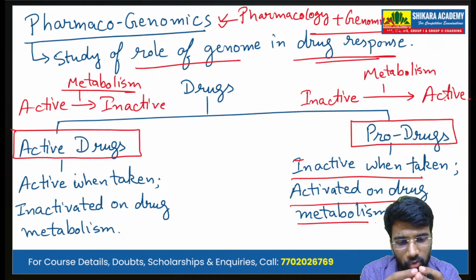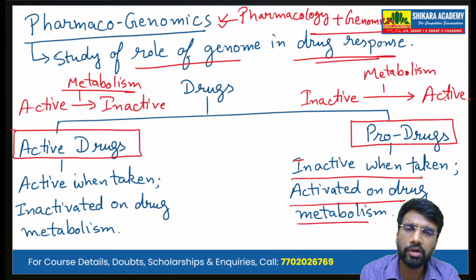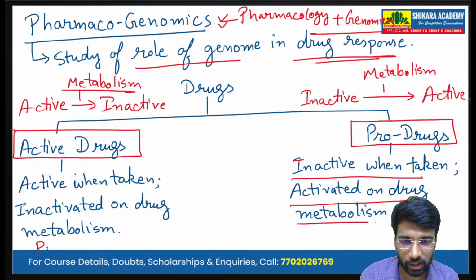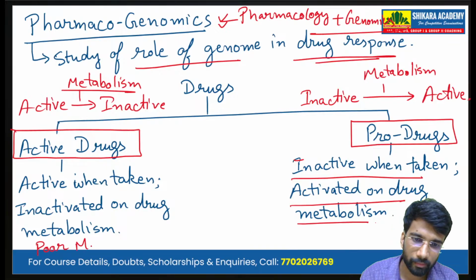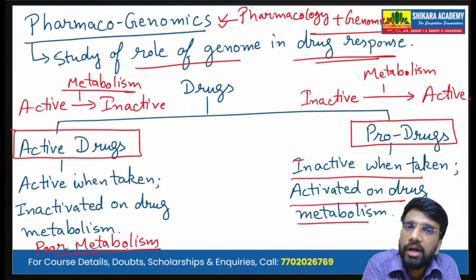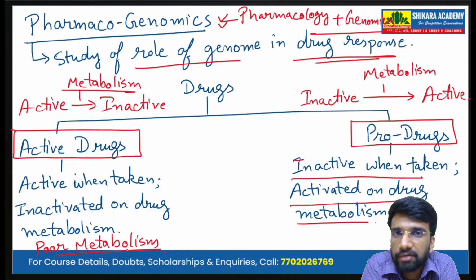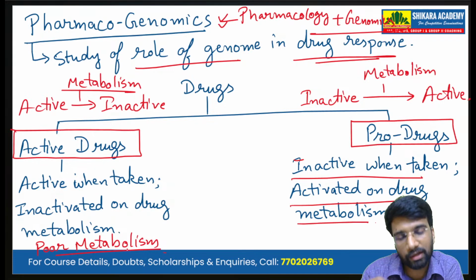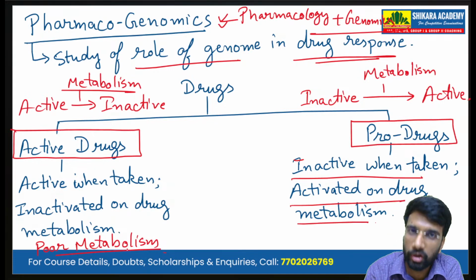Now, to what population or to which individual do these drugs target? So, suppose a person has poor drug metabolism. If the metabolism is poor, then in that particular individual, we have to give the active drugs, because we are giving the active form of the drug, and that active form is now acting in the body.